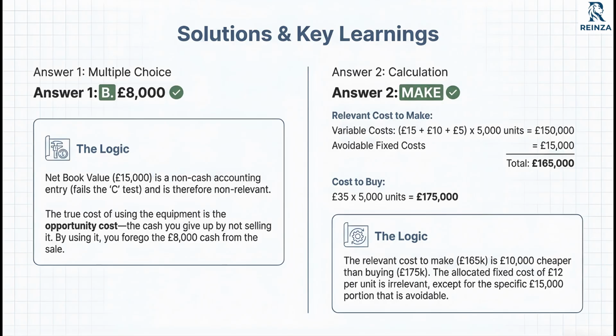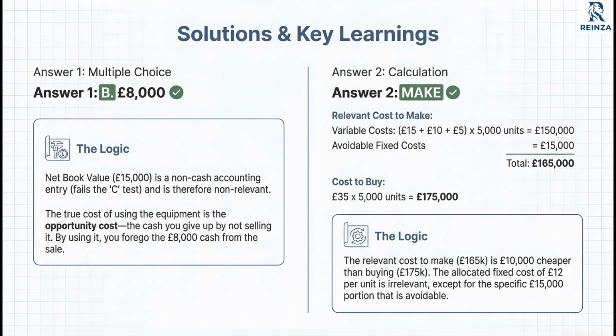For question 2, the answer is make. Let me show you the calculation. The relevant cost to make includes the variable costs plus avoidable fixed costs. Variable costs are 15 plus 10 plus 5, which equals £30 per unit. Multiply by 5,000 units to get £150,000.